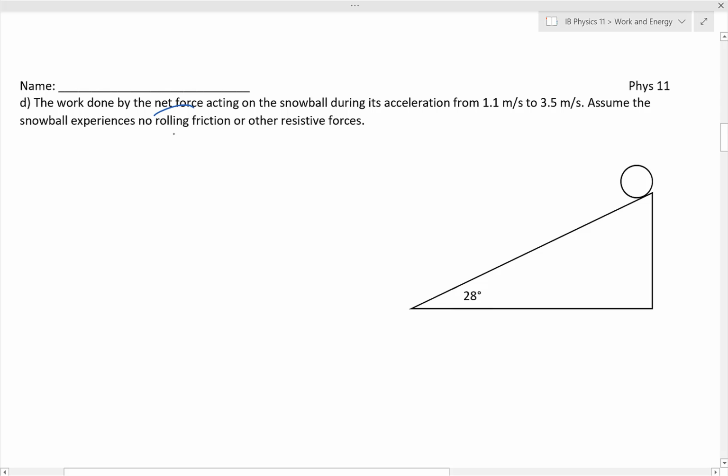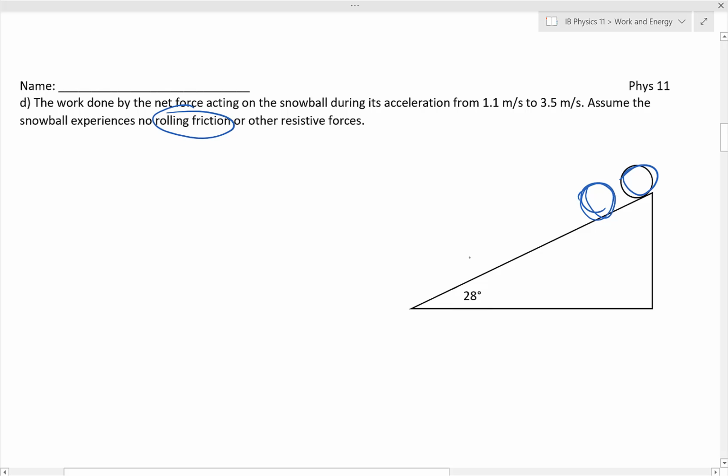Just a quickie here. This rolling friction, you might or might not have seen this word before, but since the snowball would be rolling down the cliff and not sliding down the slope, there is a different kind of friction that we use instead, and that's called rolling friction. Sliding friction wouldn't be appropriate here because in order for the snowball to roll, it cannot slide or slip along the incline.